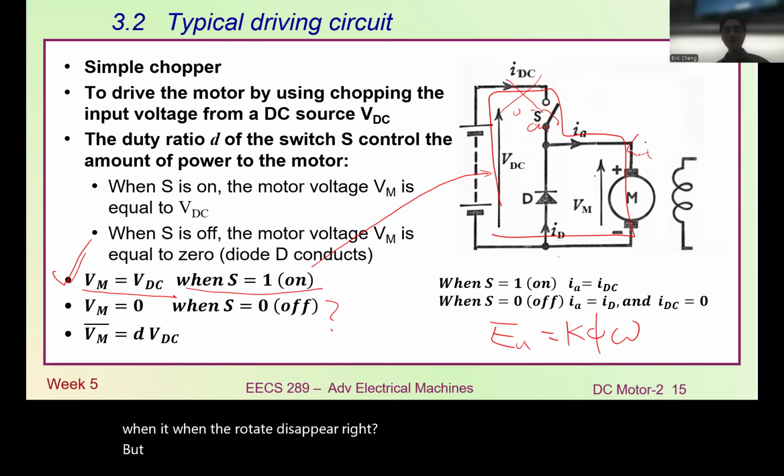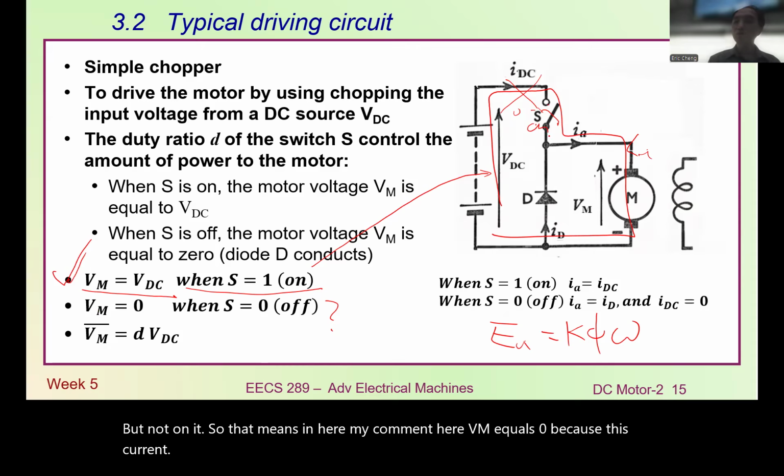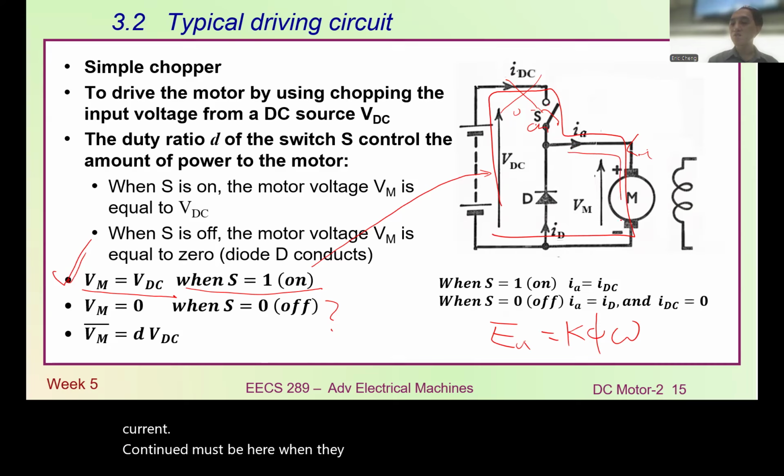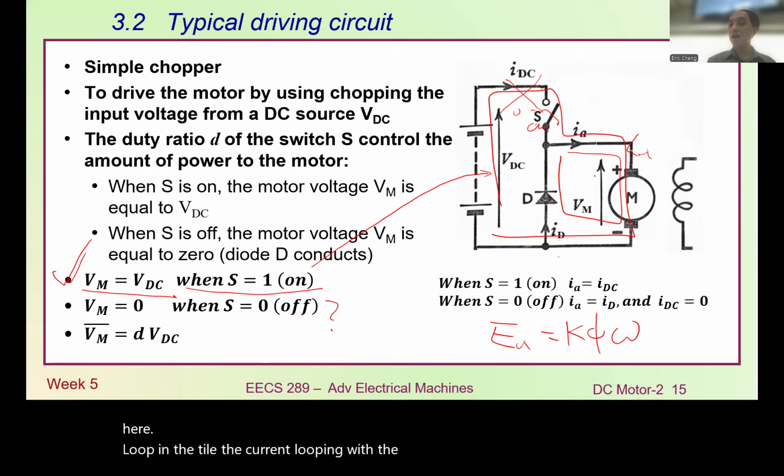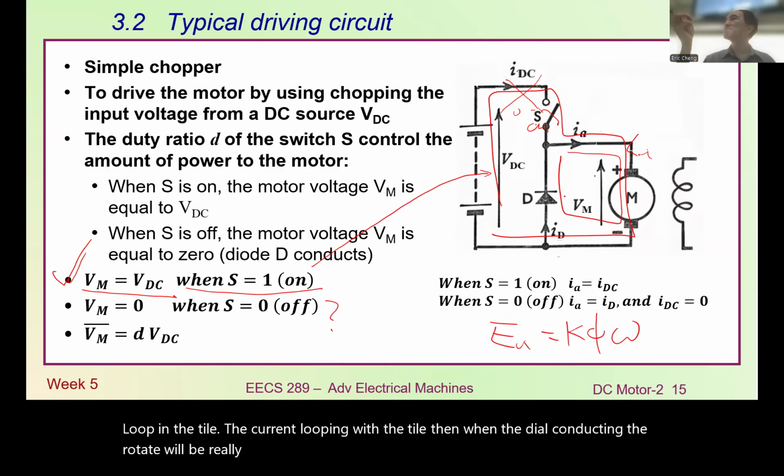So Vm equals 0 because this current must continue. When the switch stops, the current cannot go away, it just loops through the diode. When the diode is conducting, the voltage will be really small, maybe 1 volt, 1.7 volt, maybe 0.7, which we consider as 0.